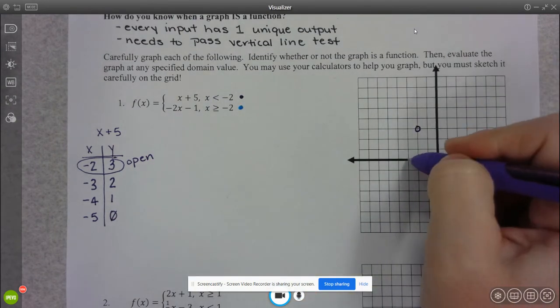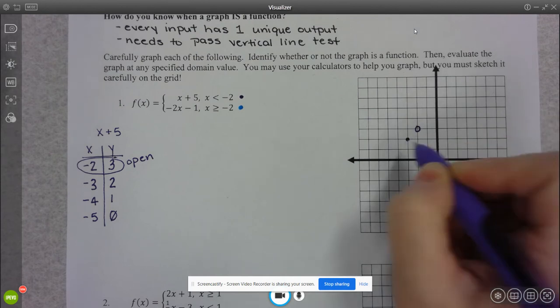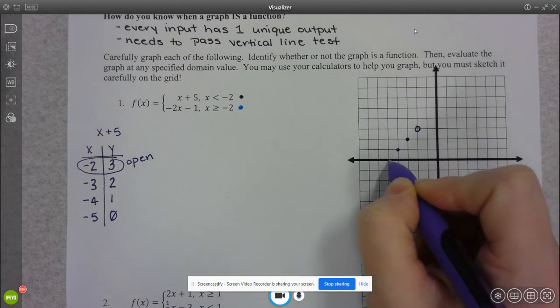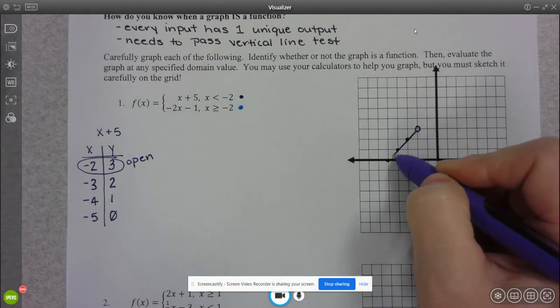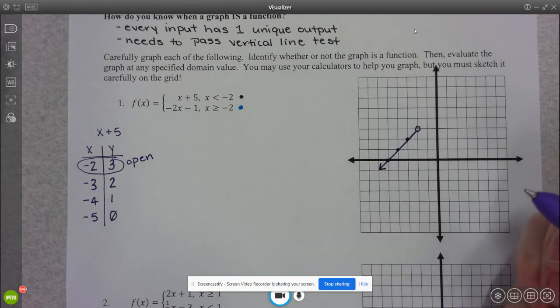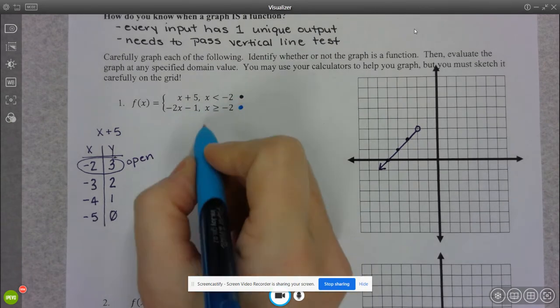So -3, 2, -4, 1, -5, 0. And since there's no end point there, it's going to get an arrow. So that's the first one. I'm going to do the same thing here with the second one.